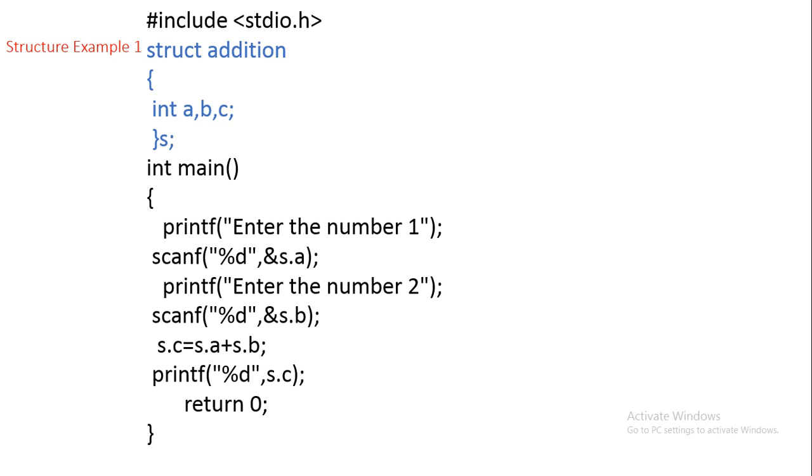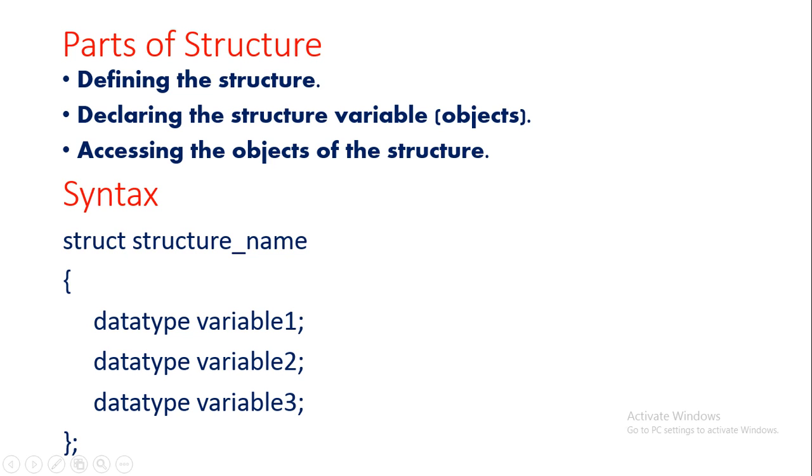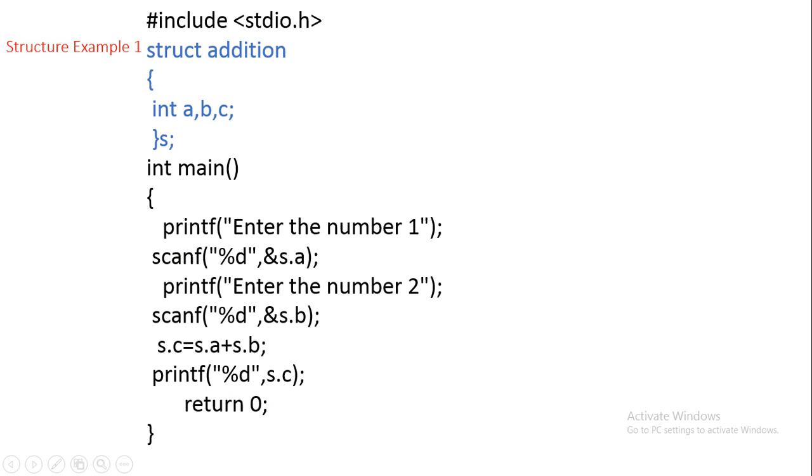The objective of this program is to add two numbers. We declare three variables, int a, b, c, and we have put a semicolon here. In the third point, accessing the objects of the structure, we are going to access the variables of this addition structure through this s.